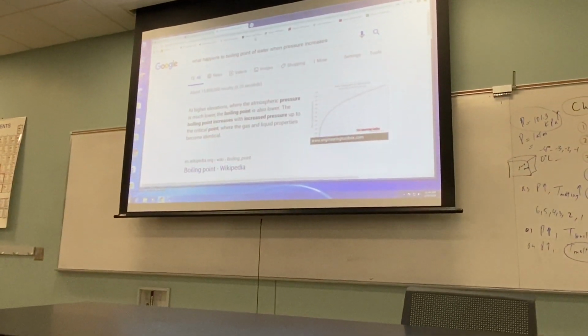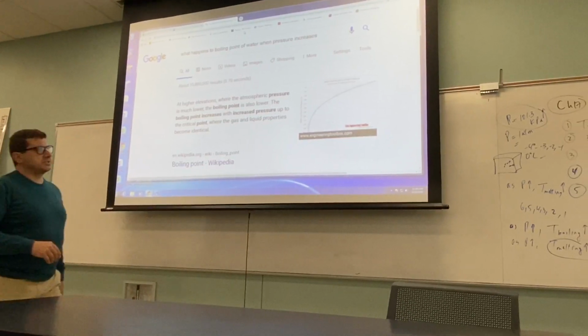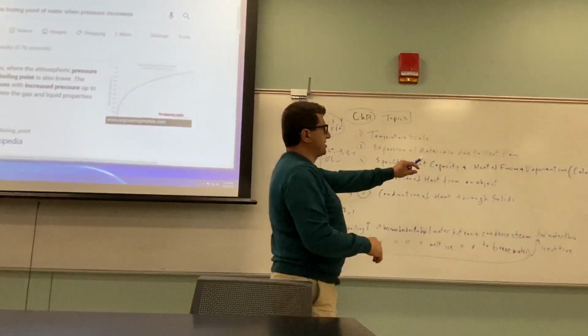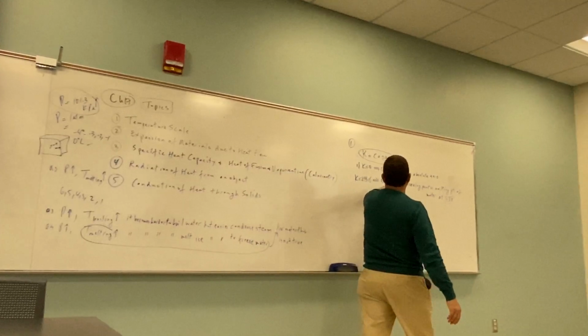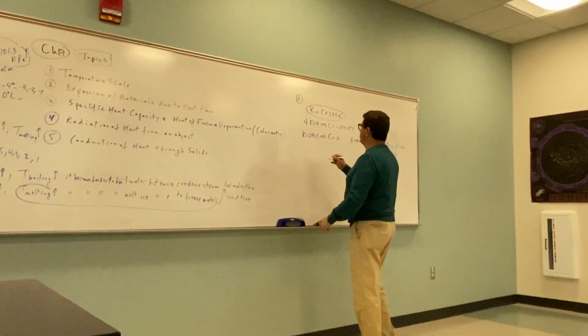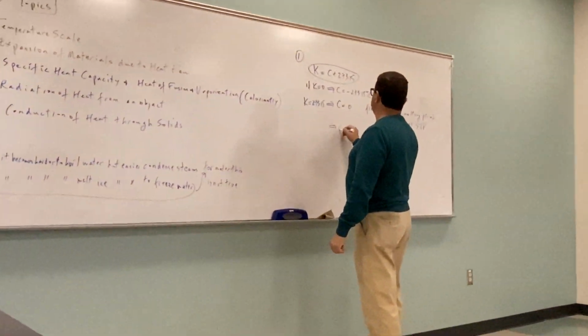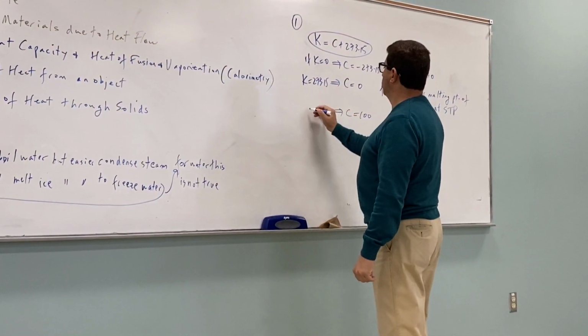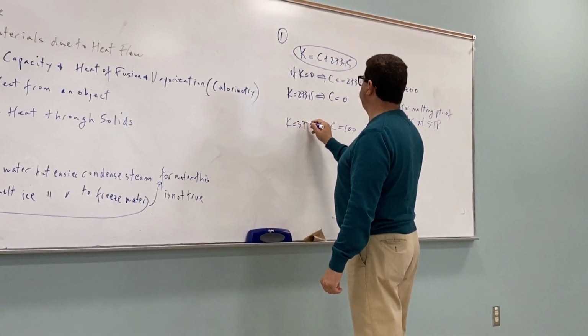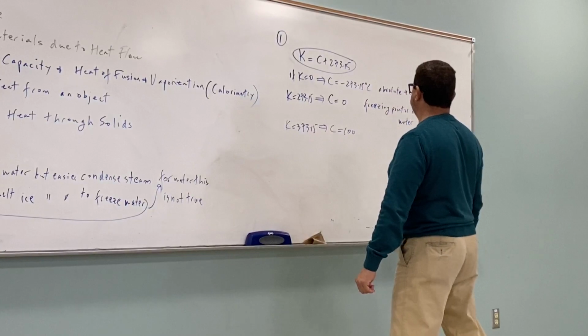Okay, so all that to say that going back to the scale, the 0 Celsius is kind of a random scale. Okay, so now the other important scale is the Celsius 100, which goes to Kelvin 373.15.